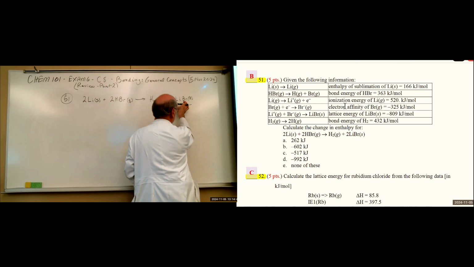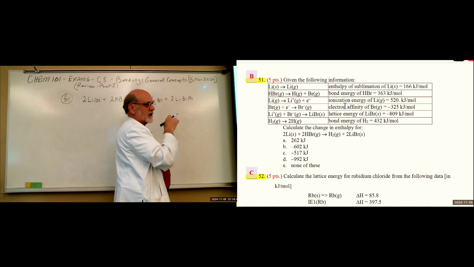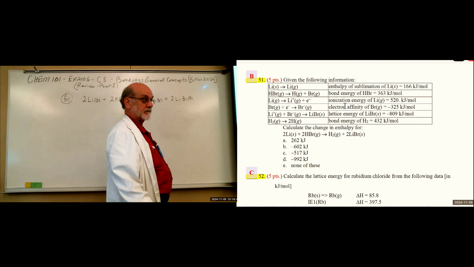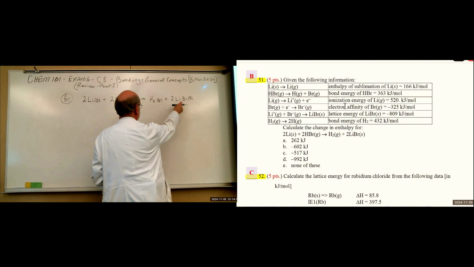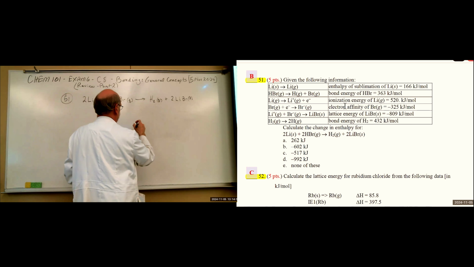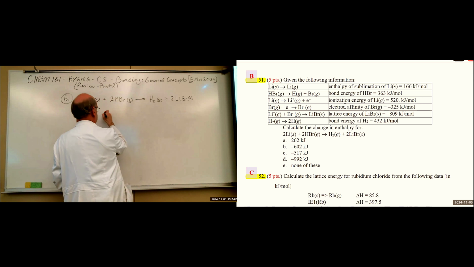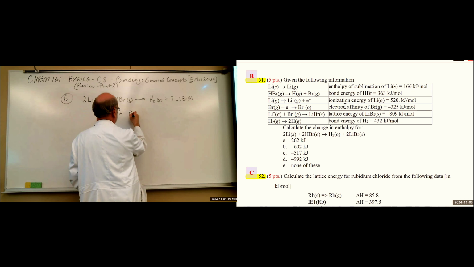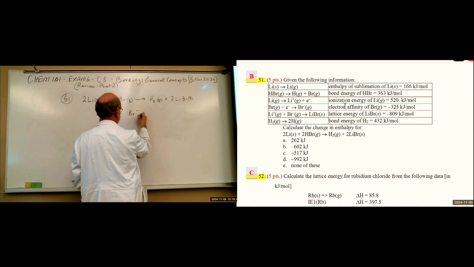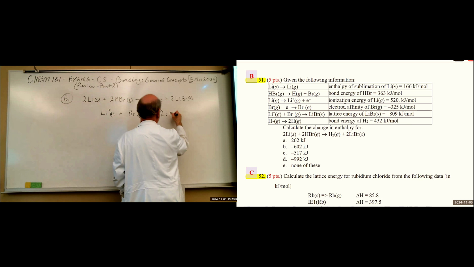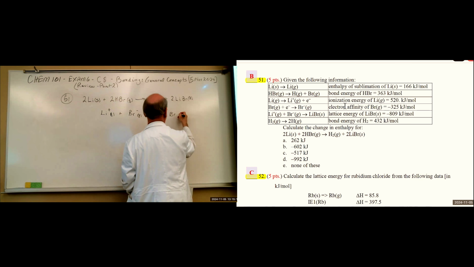In order to form that one, we need a lattice energy. So actually, let's start with this one. The lattice energy for LiBr would be what? Lithium gas plus bromide gas yields lithium bromide solid.